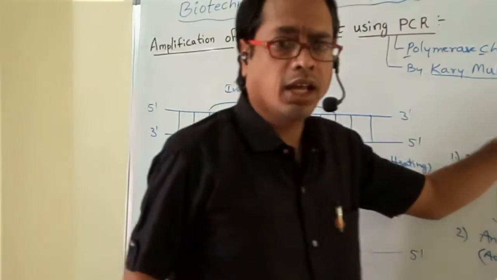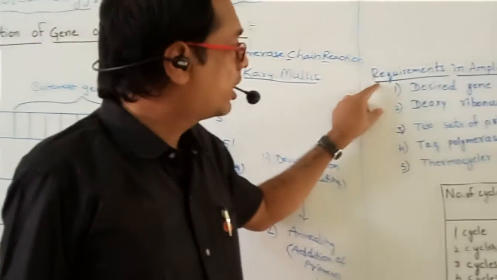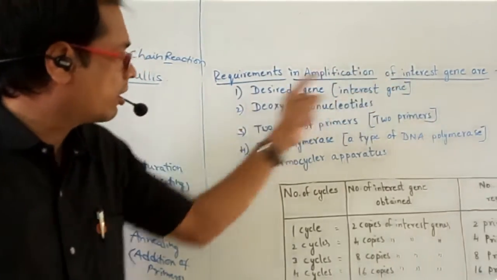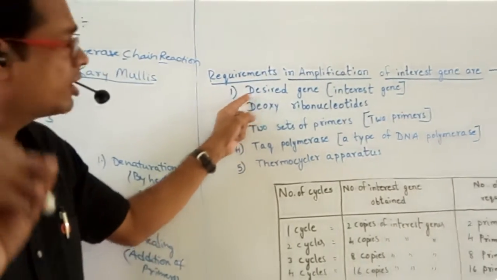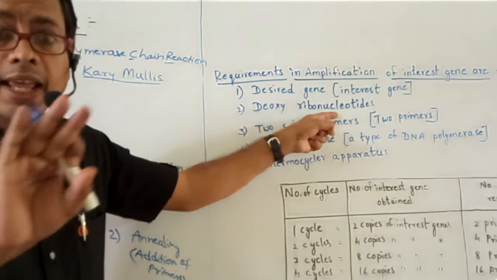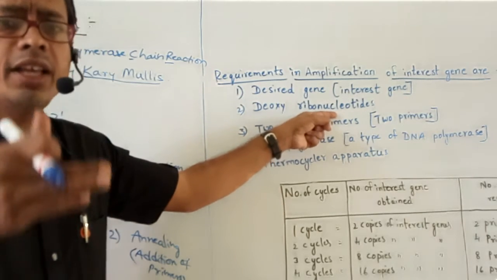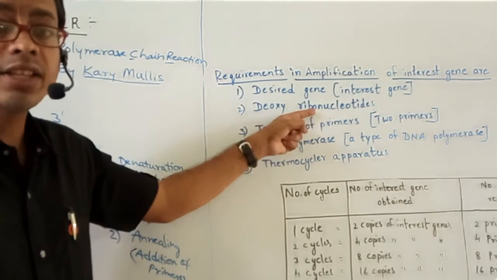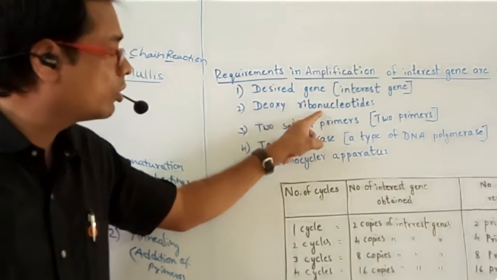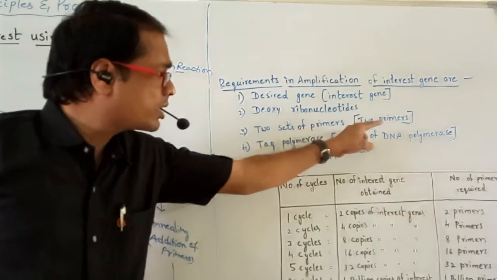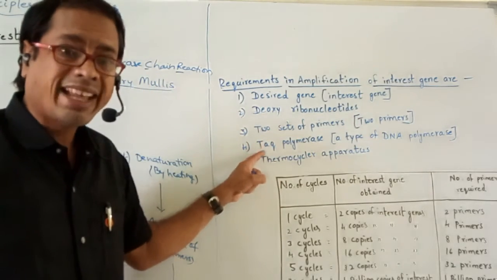Requirements in amplification of interest gene are: one is desired gene or interest gene, deoxyribonucleotides. Don't say ribonucleotides. If RNA is synthesized means ribonucleotides. If DNA is synthesized means deoxyribonucleotides. 2 sets of primers are required, or 2 primers are required. Which enzyme? Taq polymerase.